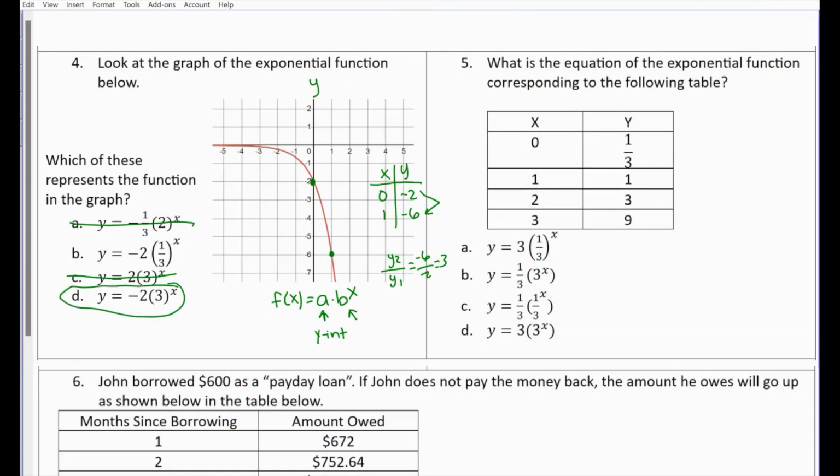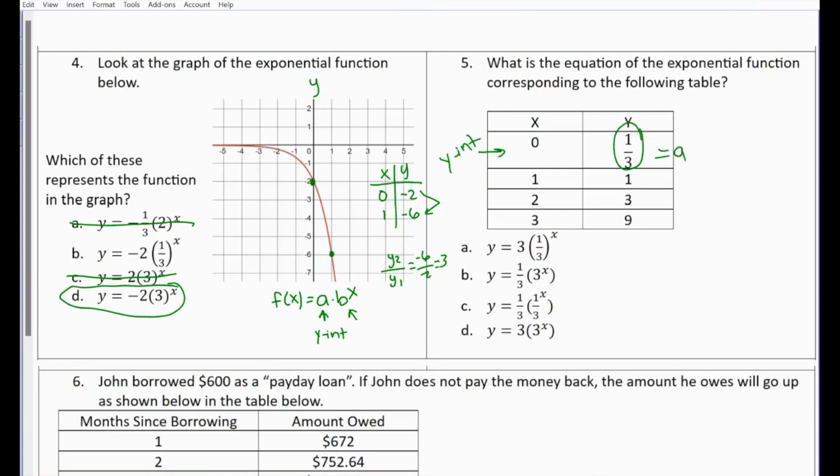Number 5. What is the equation of an exponential function corresponding to the following table? So let's start with, I already can identify my y-intercept, because when x is 0, I know this is going to be my y-intercept. So my problem should start with a of 1 over 3.